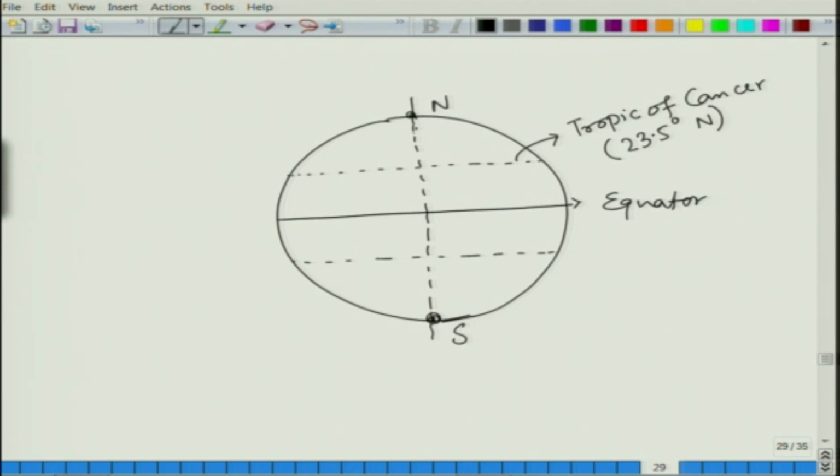This latitude longitude will come in a while, and in the southern hemisphere we have Tropic of Capricorn, and this is 23.5 degrees south. Again, let me stress that this is an approximate value, it is not exactly 23.5, but for easy remembrance you can use this value.